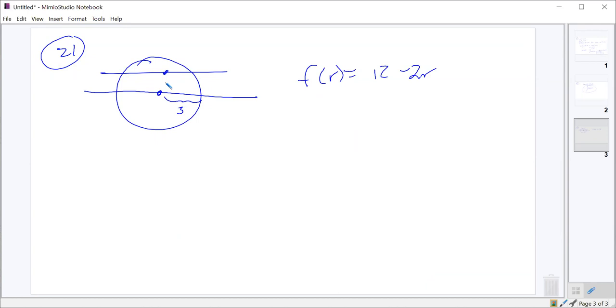And so we should be able to figure out what this distance is from here, from the center of the circle out.